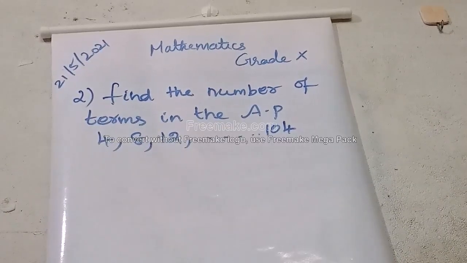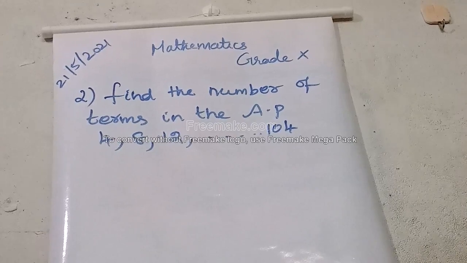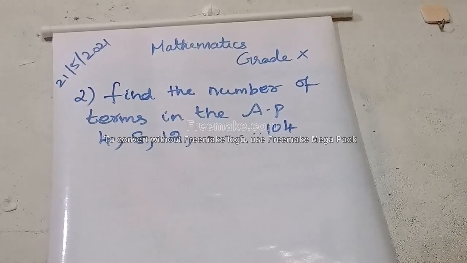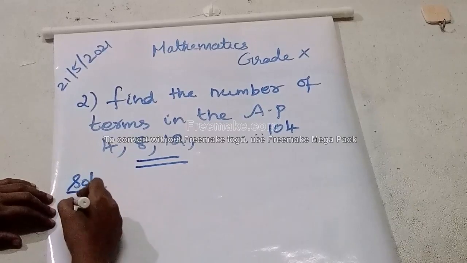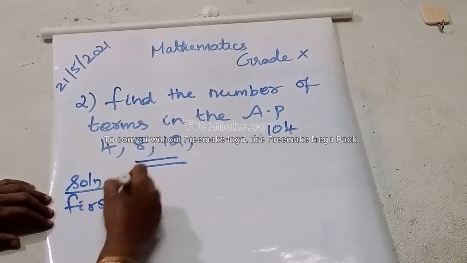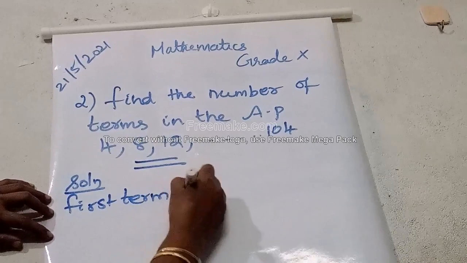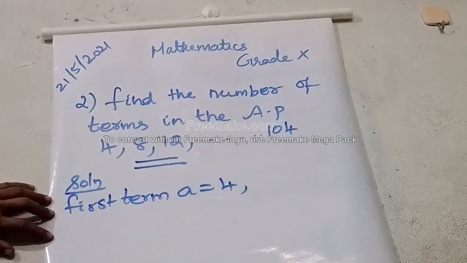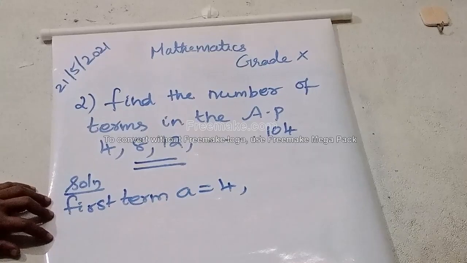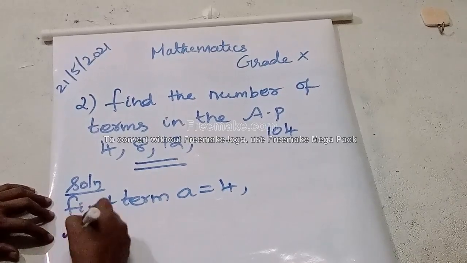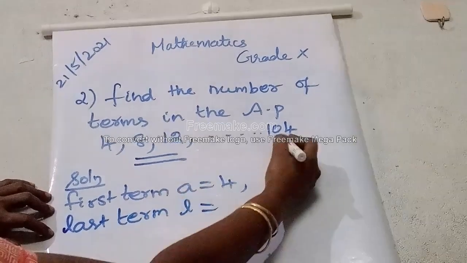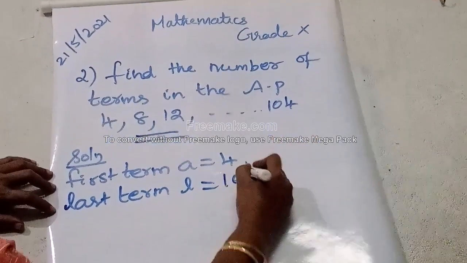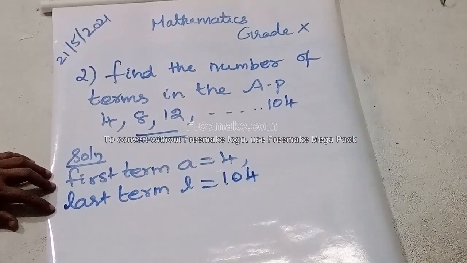What is n? Number of terms. What is l? Last term. What is a? First term. What is d? Common difference. Let us find out. First term a is equal to 4. Last term l is equal to 104.